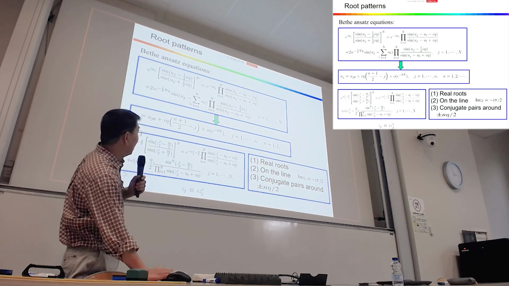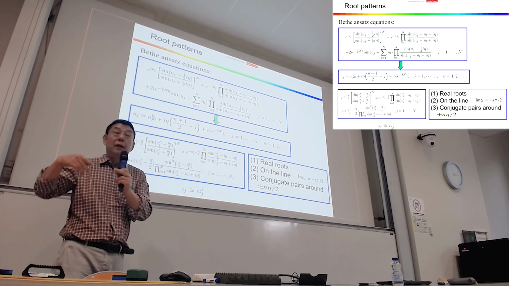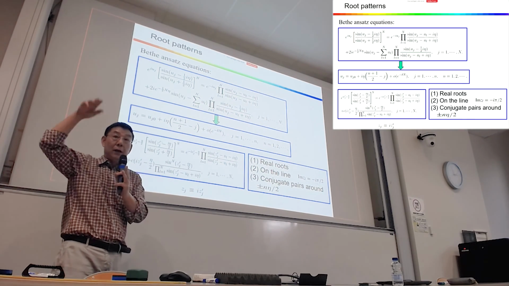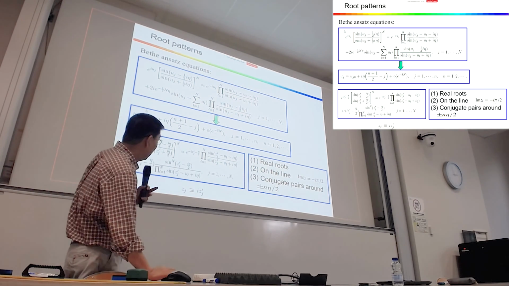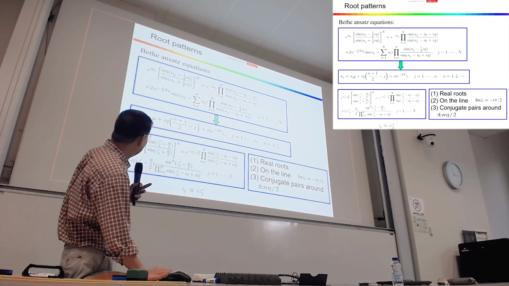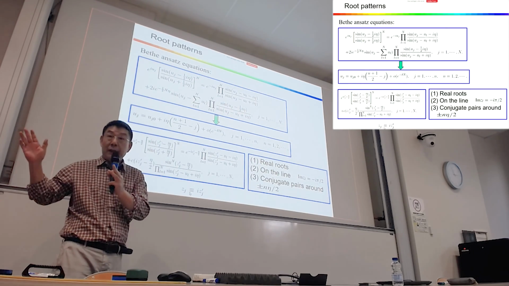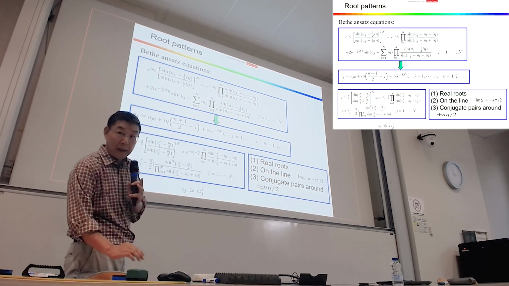And then from these equations, we can get the patterns of the Bethe roots, which also possess string patterns. But also we can get the roots of the transfer matrix from the Bethe roots.